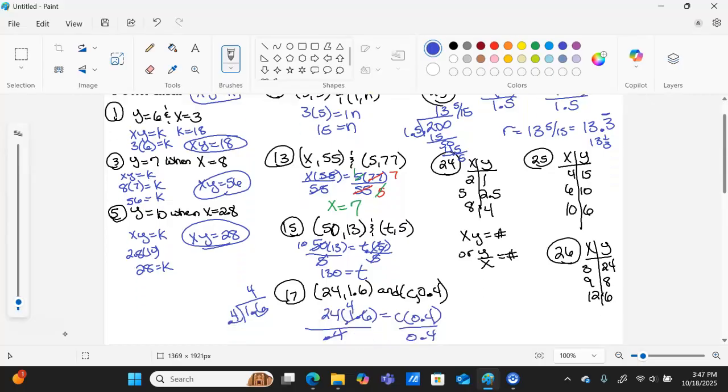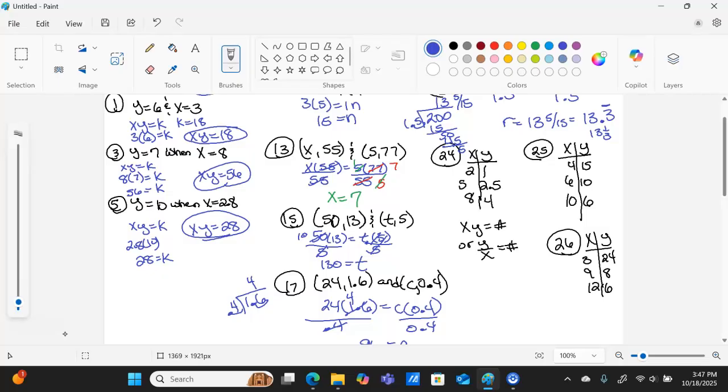And then 24, 25, and 26, they ask you this question: are these inverse or direct? And whatever they are, give the equation. So remember that in an inverse relationship, xy is going to equal that number, that k. In a direct variation, y over x is going to equal that number, because for a direct, this is inverse, this is direct.